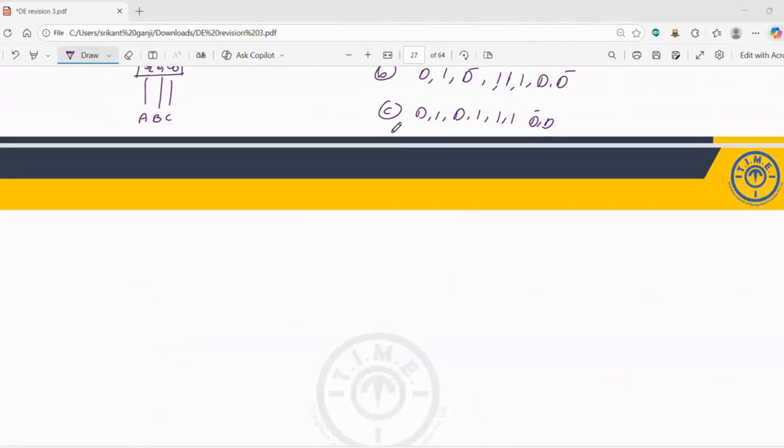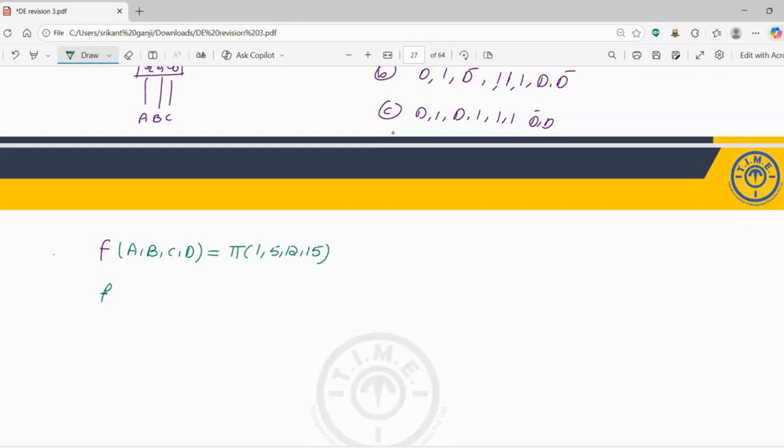Now, a Boolean function f of a comma b comma c comma d is given as pi of 1 comma 5 comma 12 comma 15.